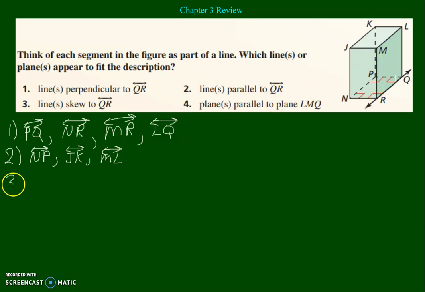So for 3, we have JN, KP. We also have line JM, which is going in this direction, and KL, which is going in the same direction. So again, skew to QR, we have JN, KP, JM, KL.